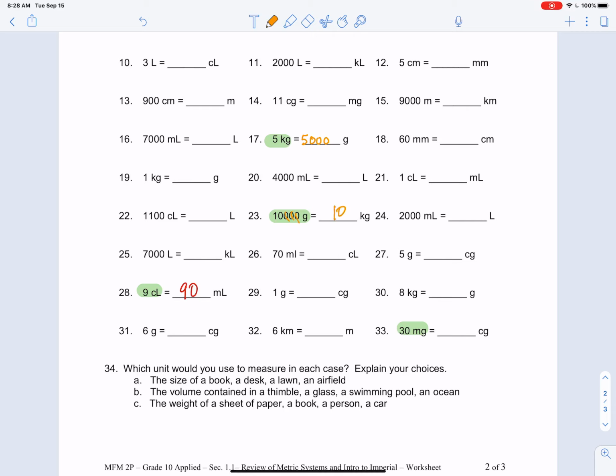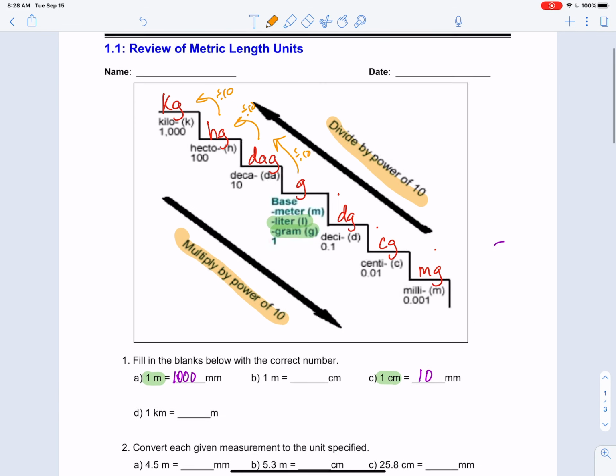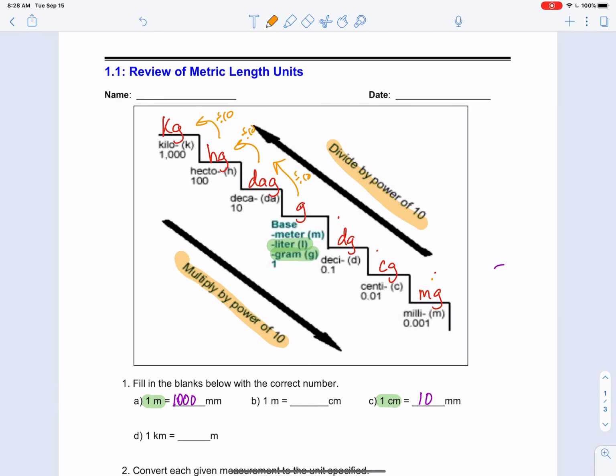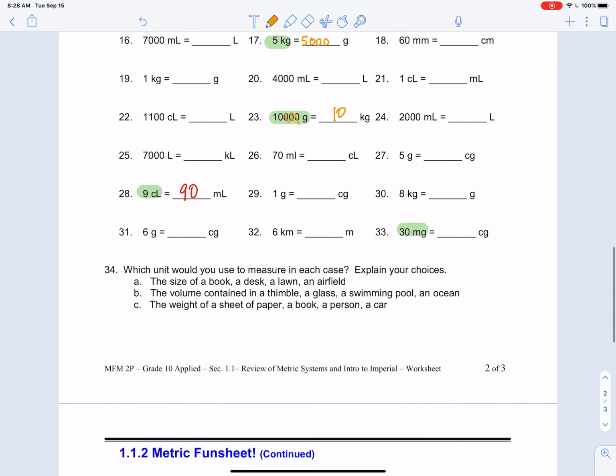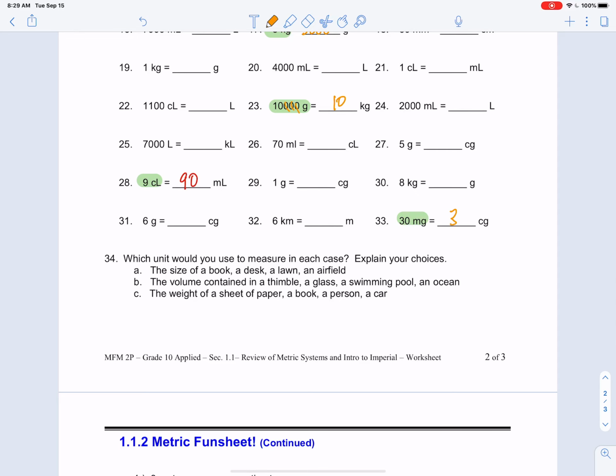It's going to be 10 kilograms. And lastly, to finish this off, let's take a look at 33. We're going from milligrams to centigrams. So that's 1 step up, which is 1 division by 10. So you just move the decimal place 1 to the left, and this becomes a 3.